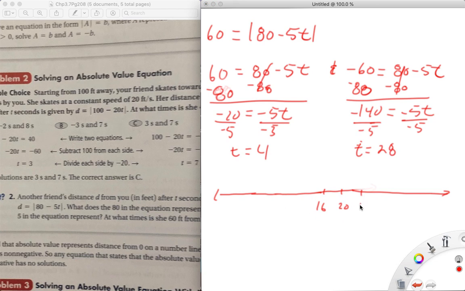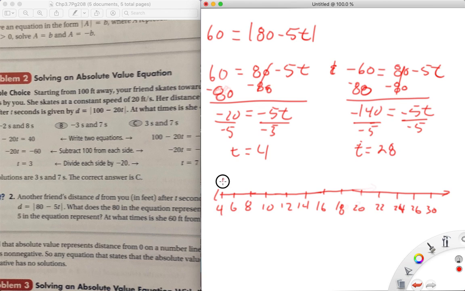18, 22, 24, 26, 30, 14, 12, 10, 8, 6, 4.